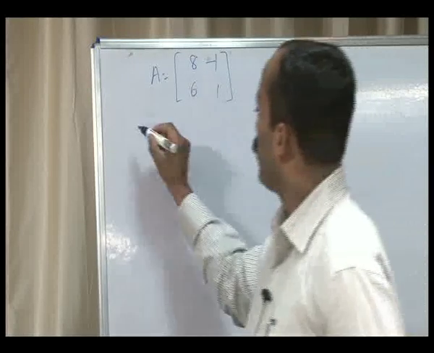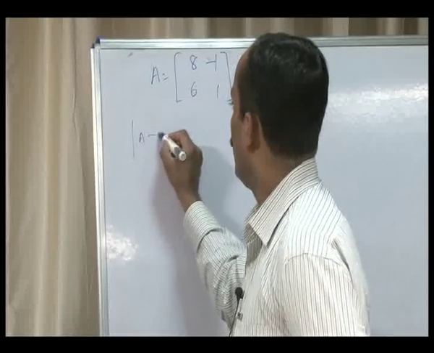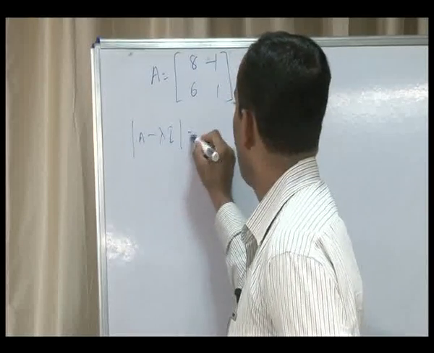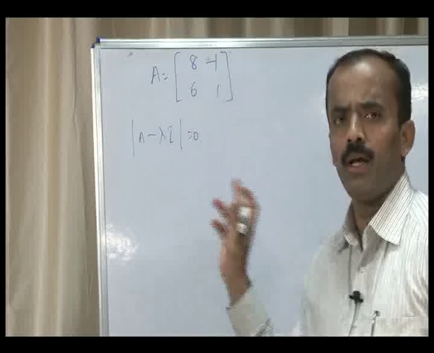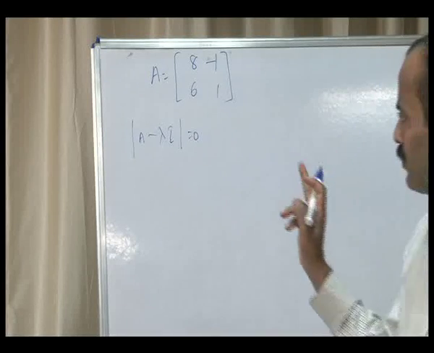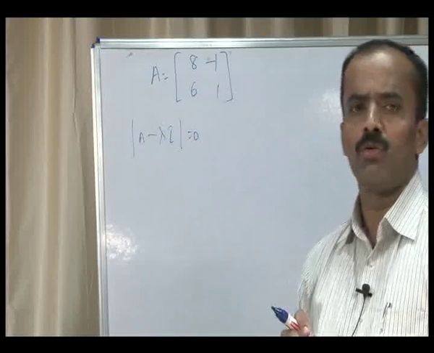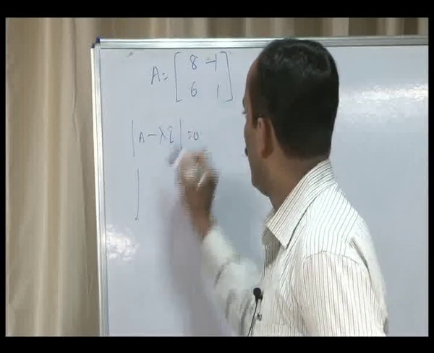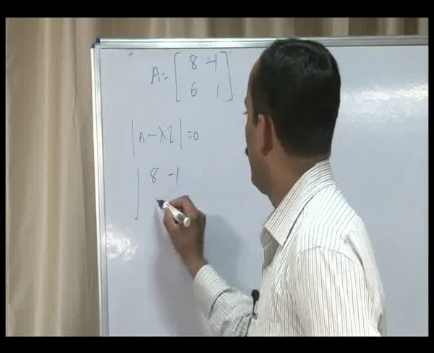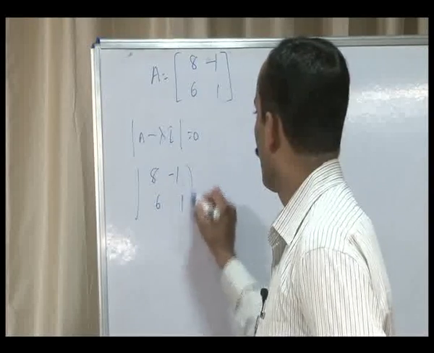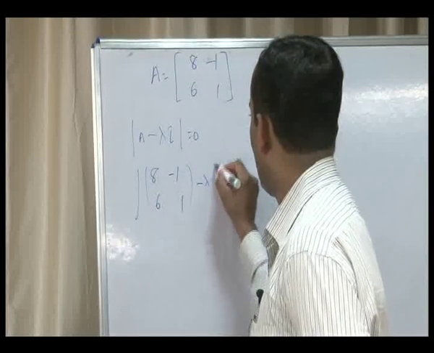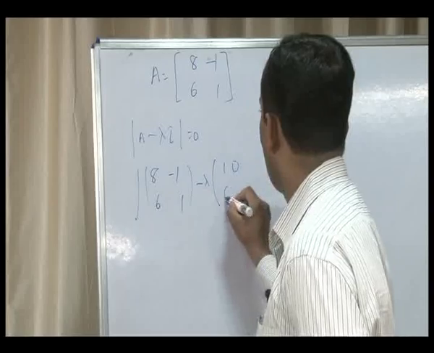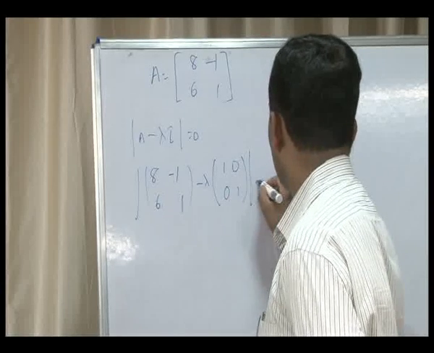Now, determinant of A minus lambda I is equal to 0. We have to write this, a very important one, determinant of A minus lambda I is equal to 0. Next, determinant of A, 8 minus 1 6 1, minus lambda into 1 0 0 1 is equal to 0.